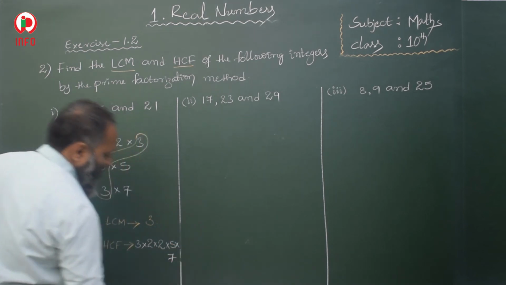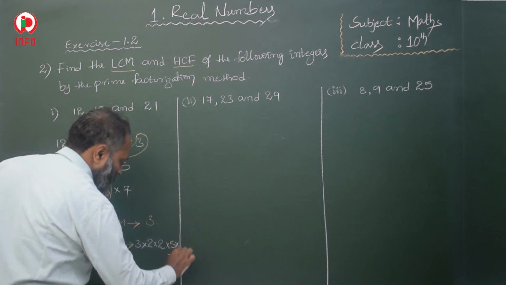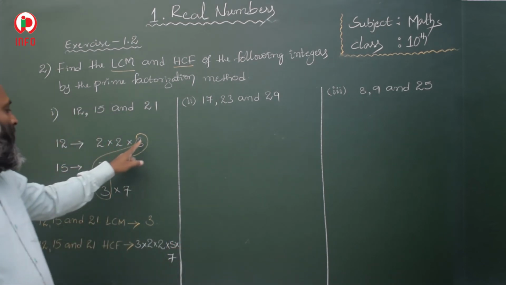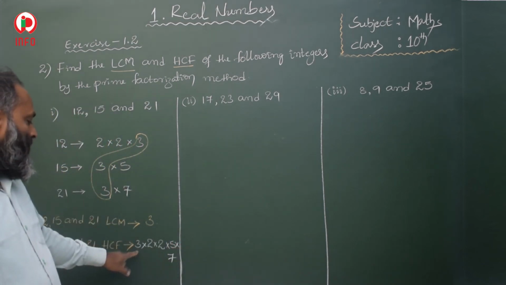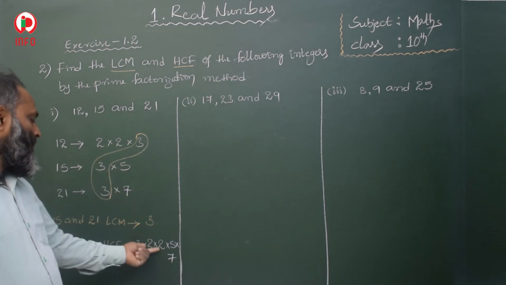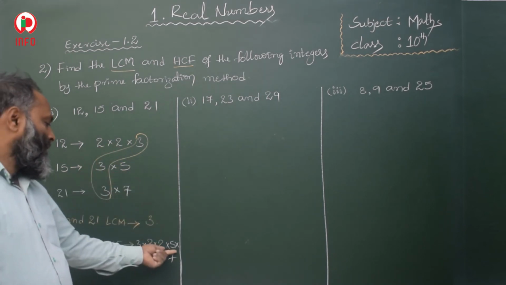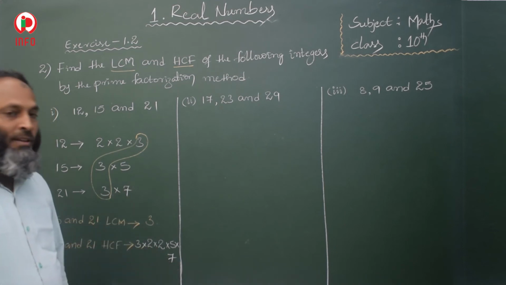One 7 also we should take. In all three, one 3 is common, that we take, and 2 2s are left, that we have to write. Here one 5 is there, that 5, and here one 7, that 7.